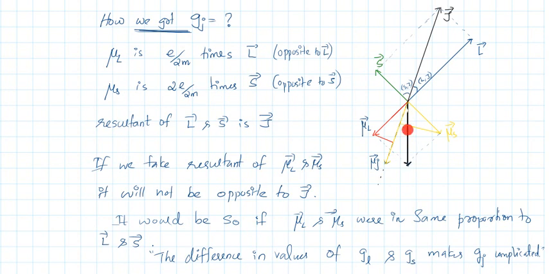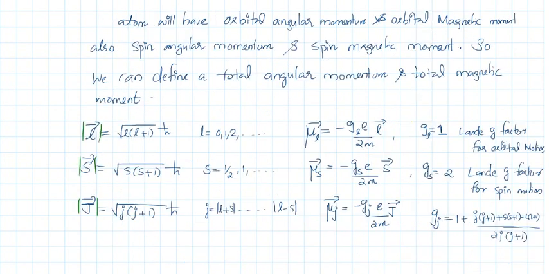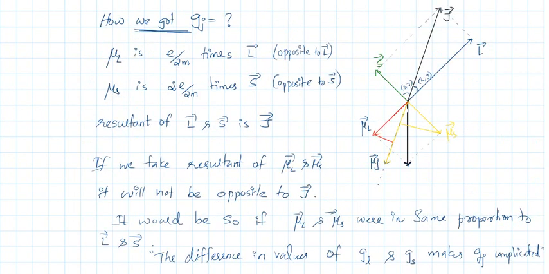It is the resultant of mu_L and mu_S, but it is not opposite to J. We defined mu_J in such a way that mu_J is minus g_J e by 2m into J. That is, in this definition, mu_J should be opposite to J. But here, the resultant of mu_L and mu_S is not exactly opposite to J.